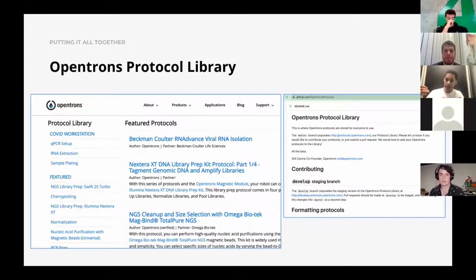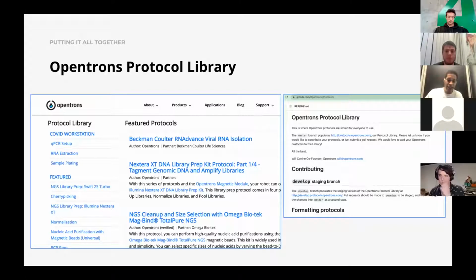So someone who's never been in a biolab before can find a protocol for an NGS cleanup, or for an RNA extraction, or a myriad of different processes that maybe they have no training in, they've never done in their life, but the software that will make the OT2 perform that assay, that kit is all there. It's all free. It can be remixed, and I think it's pretty easy to use and to find.